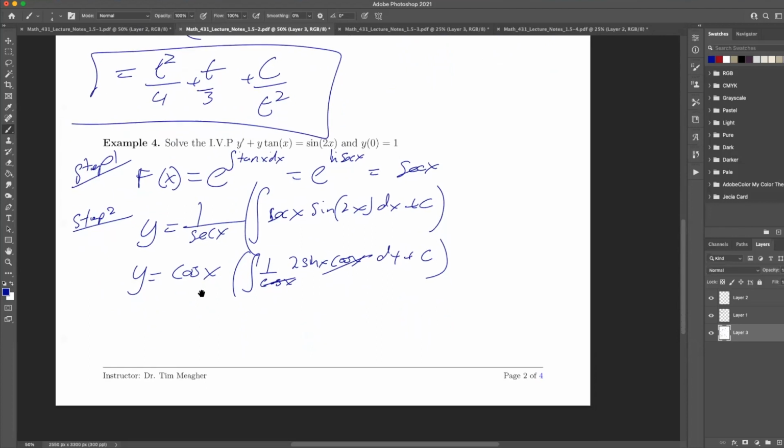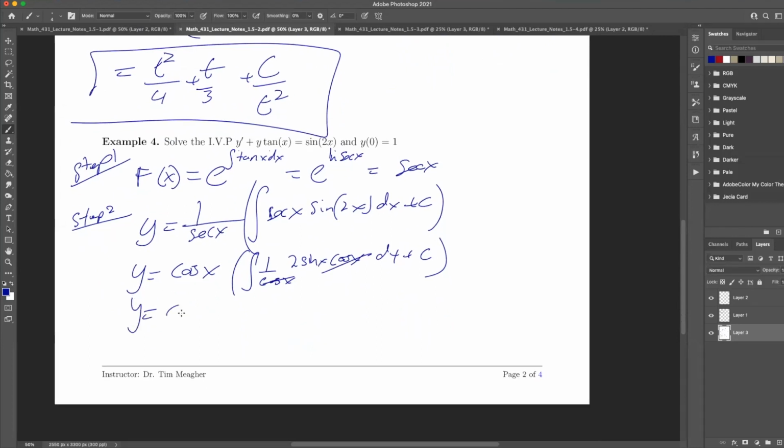So here I have cosine of x times the integral of 2 sine x, which is, of course, minus 2 cosine x plus c, which equals, let's move that in, minus 2 cosine squared x plus c cosine x.